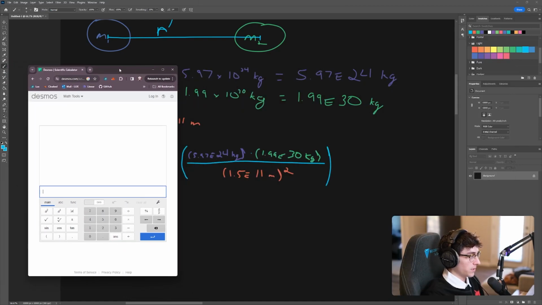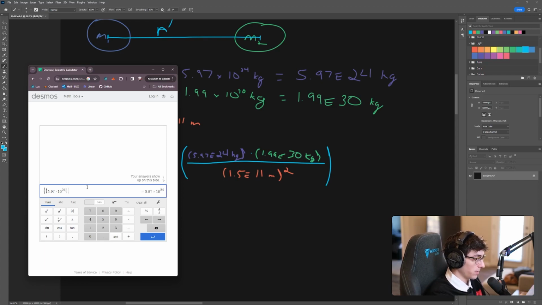Let's bring that over here, because we're going to calculate this part first. So let's open up our parentheses, and then we're going to type in 5.97 multiplied by 10, and then shift 6 or caret is going to give us our exponent. Shift 6 will raise 10 to something.